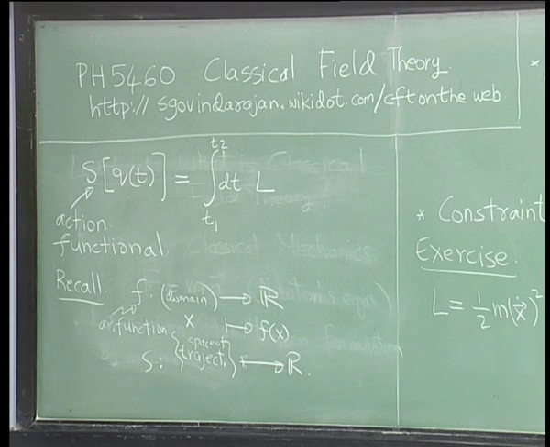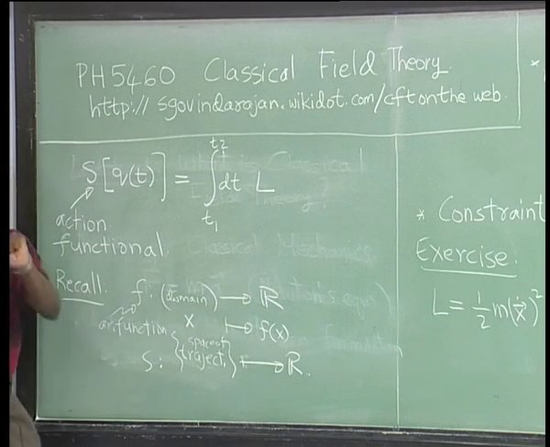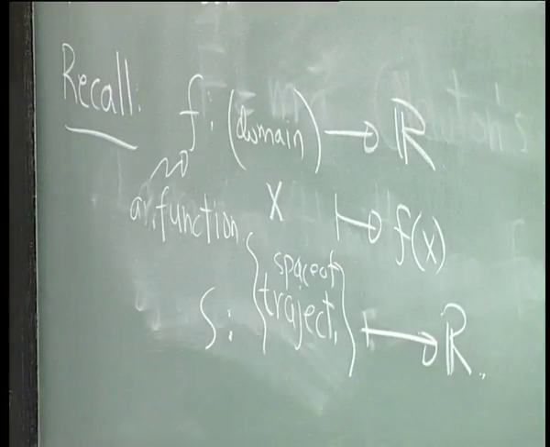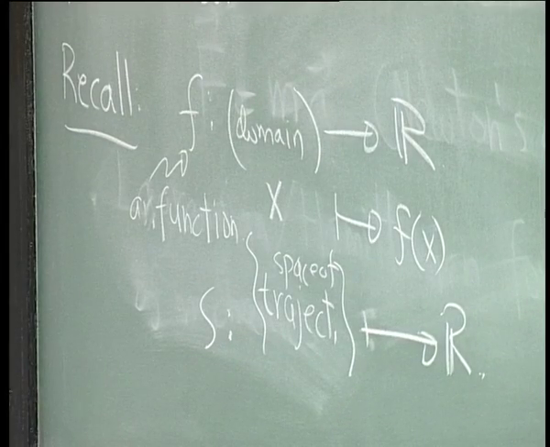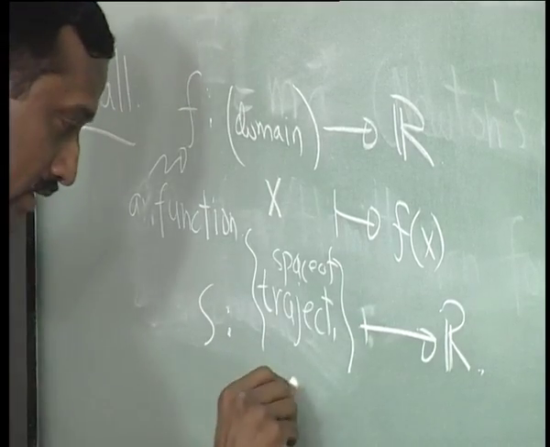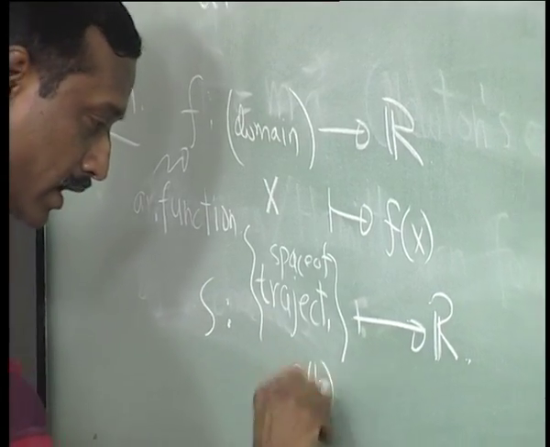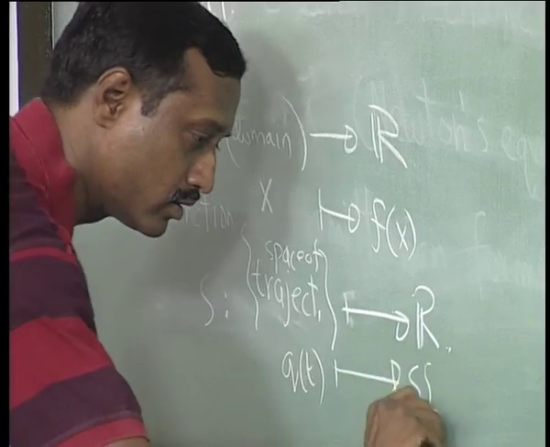Okay. So, in that sense it is exactly similar to this. You give it as input a trajectory, output is a number, and this is a functional. So, an example is exactly this: you take q of t and then you get S of q of t.